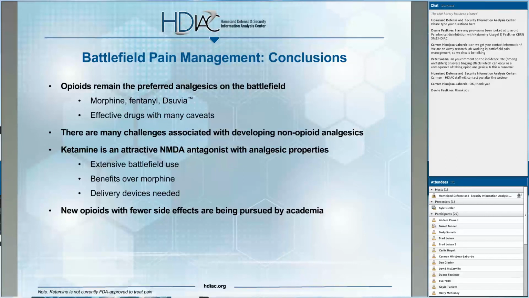We have another question from Peter, who says, can you comment on the incidence rate among warfighters of severe tingling effects which can occur as a consequence of taking opioid analgesics? Is this a concern? I do not have any data on that at this time, but what I do know is that back in 2005, with respect to abuse, 75% of those warfighters surveyed said that they didn't abuse opioids, and that number has now diminished to 50% in self-reported surveys.